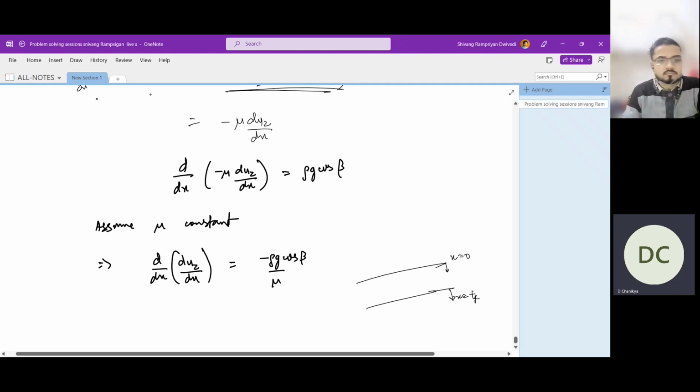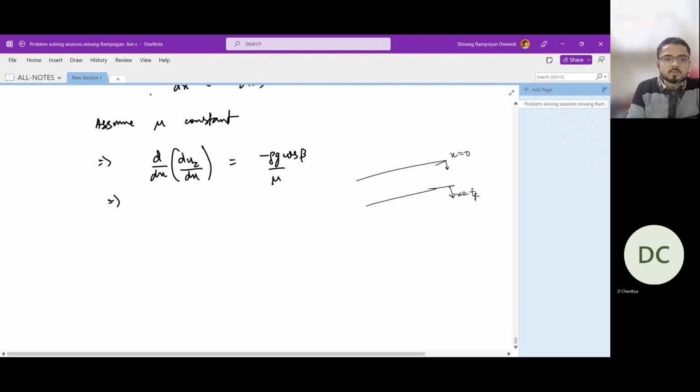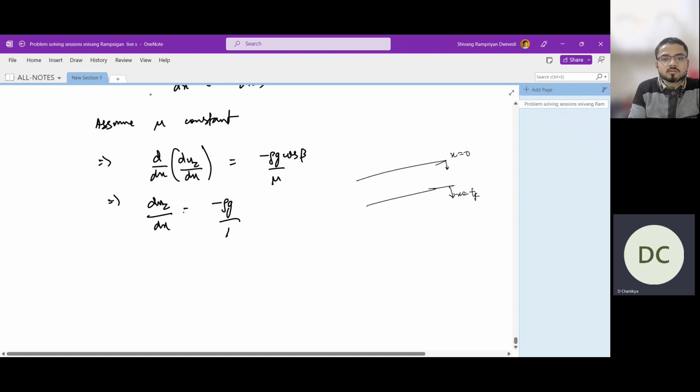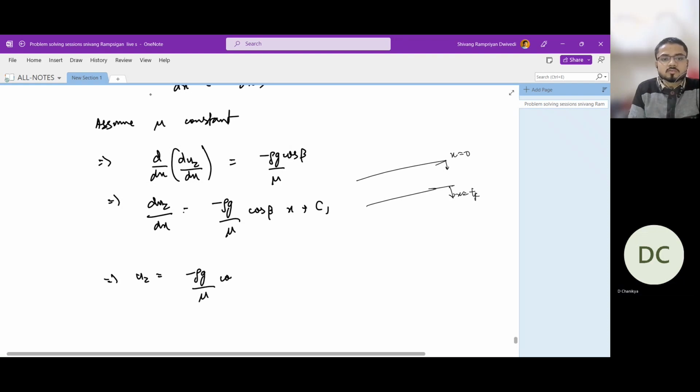Now du z by dx is equal to minus rho g by mu cos beta x plus c1, and uz is equal to minus rho g by mu cos beta x squared by 2 plus c1x plus c2, right?